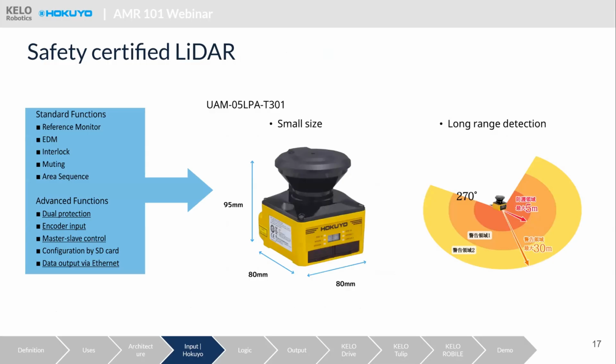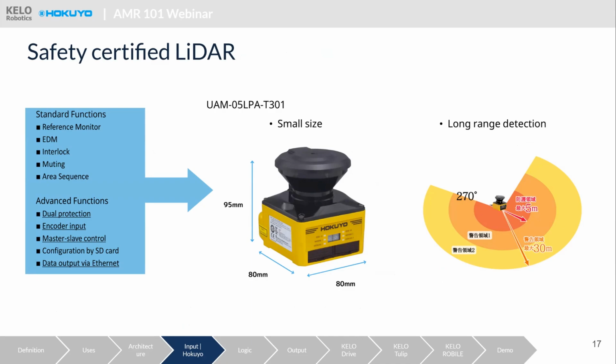Yes, so this is our safety laser scanner called UAM05 NPA series, which was released last year. This is the other device that KELO integrated in their robot. It is a safety certified device according to relevant standards, certified by TUV and UL, which allows us to reach out to the European and US markets.